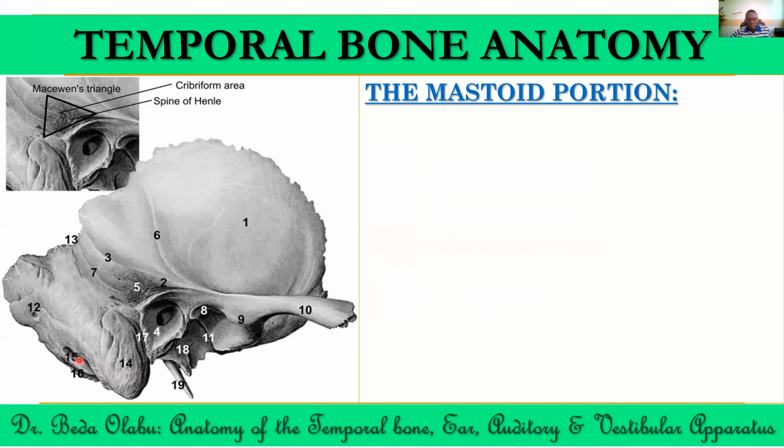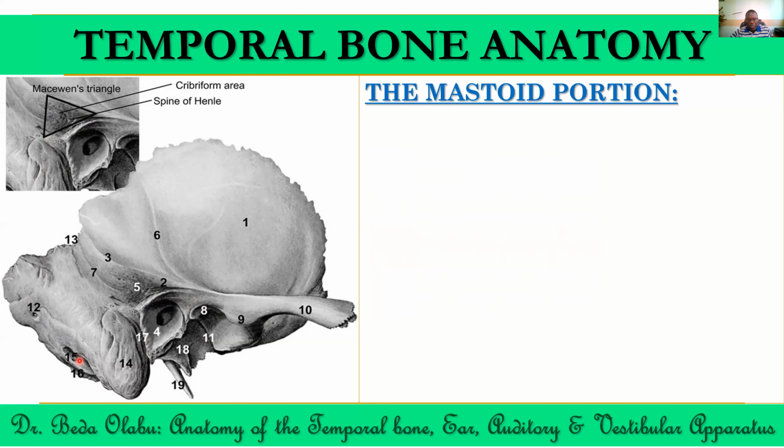Okay, we've now talked about the morphological parts of the temporal bone. And in particular, you've taken note of the parts of the petrous bone, because what we're going to talk about next largely involves the petrous bone, in as much as the other parts are also going to be affected.